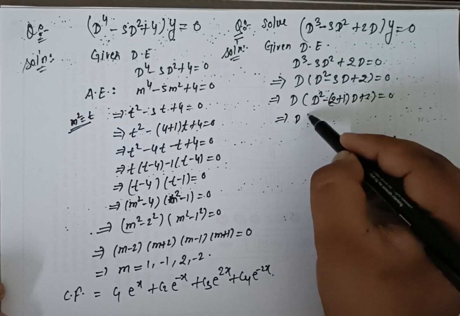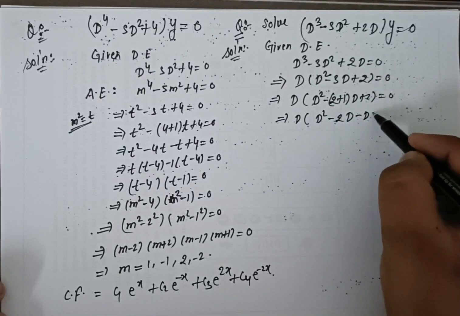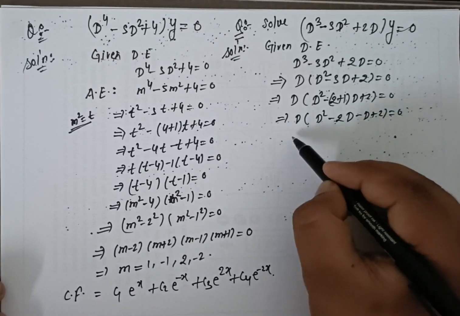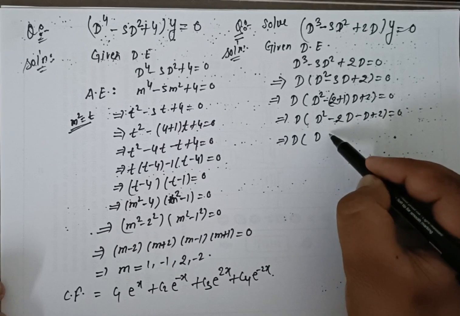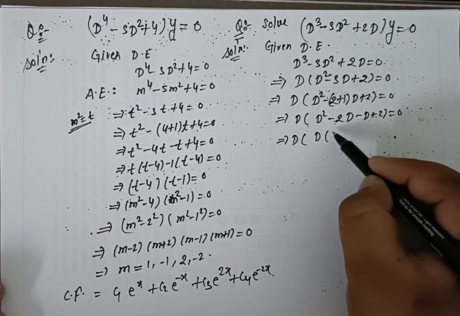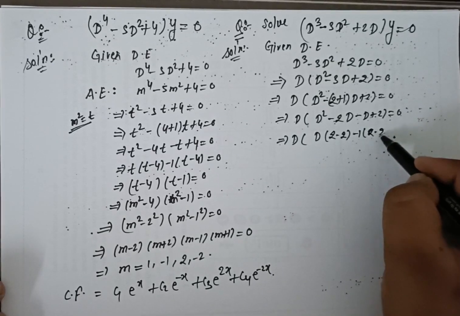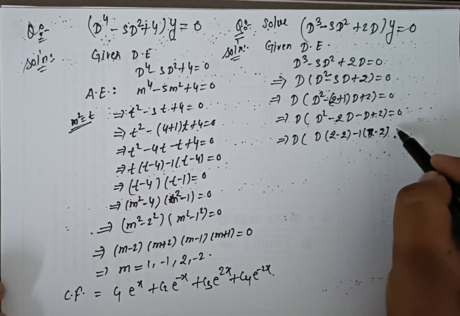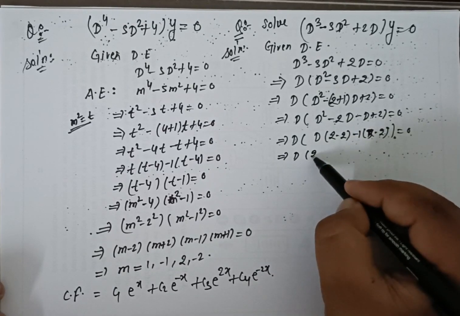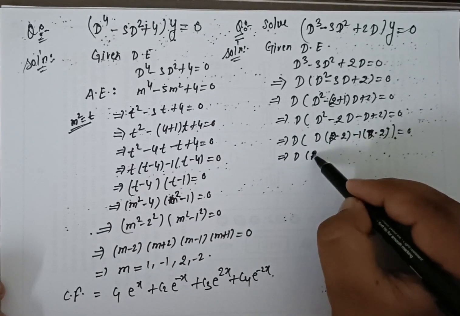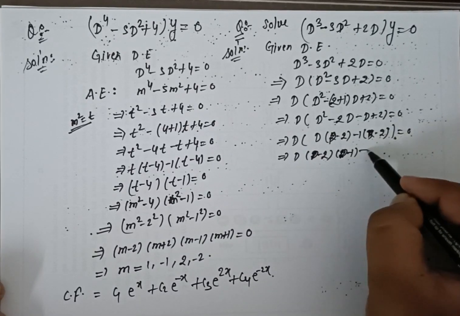So take D common, D minus 2, and take minus 1 common, D minus 2. Obviously we have the 3 roots here: D, D minus 2 and D minus 1 equals to 0.